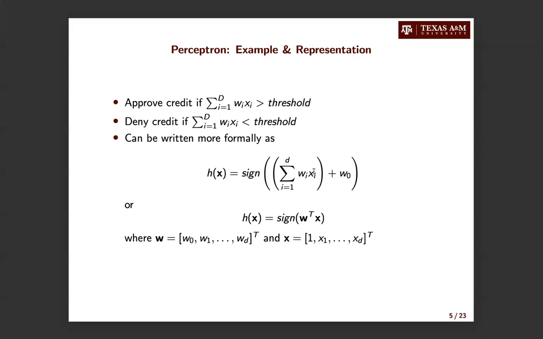So if this whole expression is greater than 0, then the approval condition will be met. Otherwise, if this expression is less than 0, then the denied condition will be met. So plus or minus 0 can now be represented by this sign notation, and this will be the final expression for our classification decision.